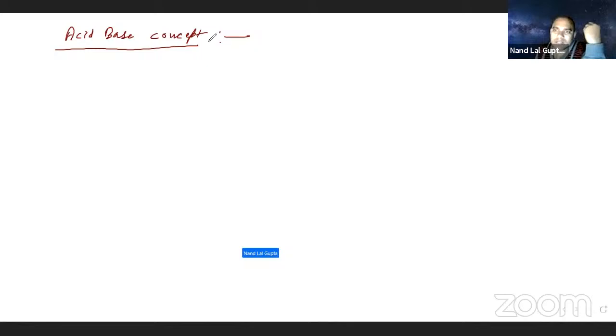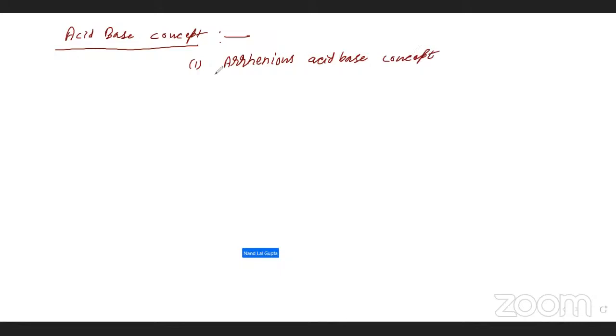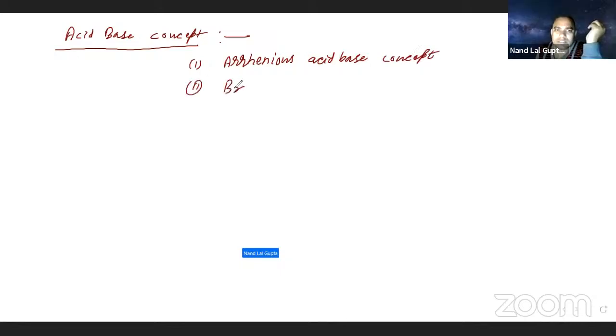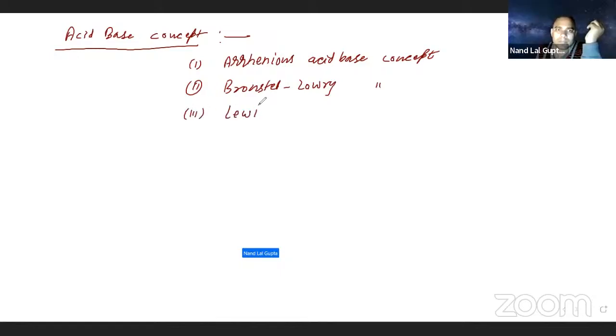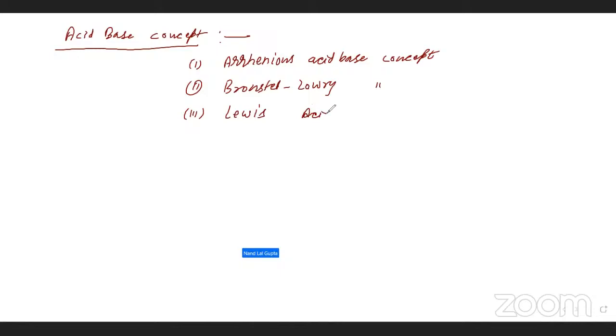Now there are several acid-base concepts. The first concept is called Arrhenius acid-base concept. The next one is Bronsted-Lowry acid-base concept. The third one is Lewis acid-base concept.